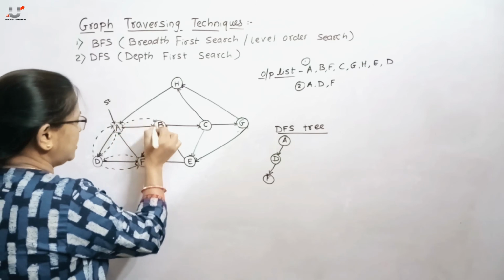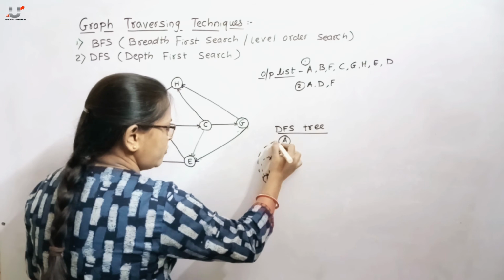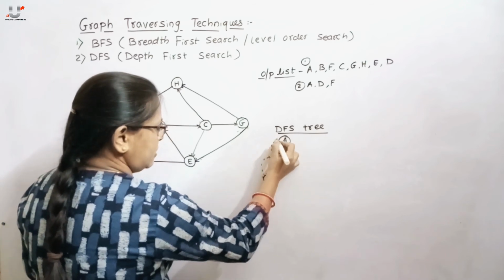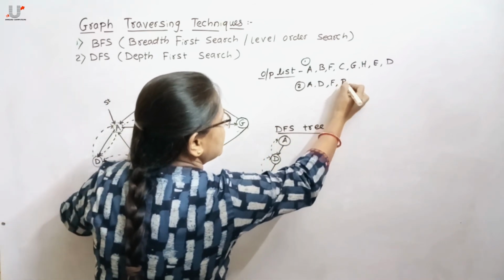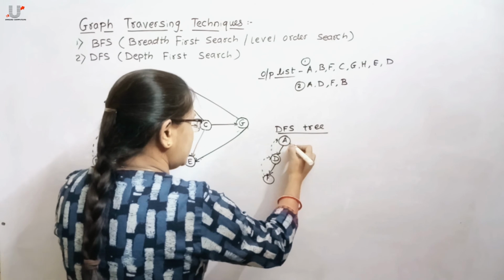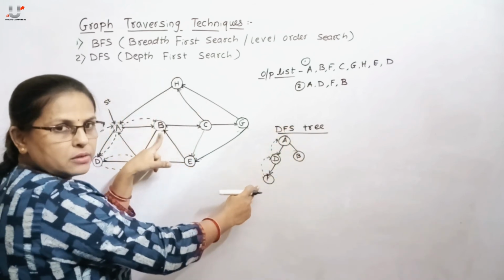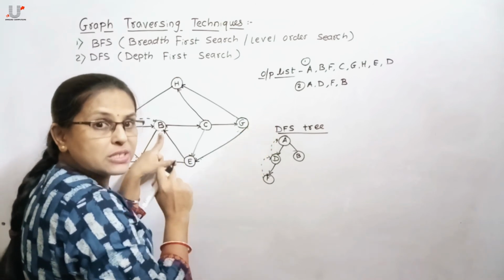B, so the control will again here, as D is already visited, F is already visited, so these are the backlinks. Then move to B, as B gets added to output list, it's B. Then that means we move to dead end. This is why it is called as DFS, means depth first search.